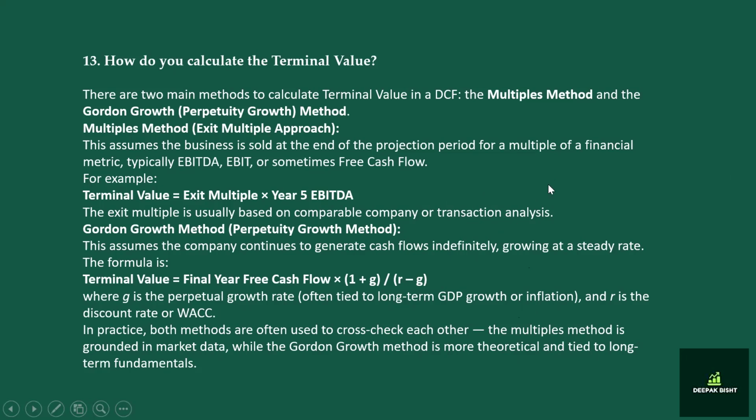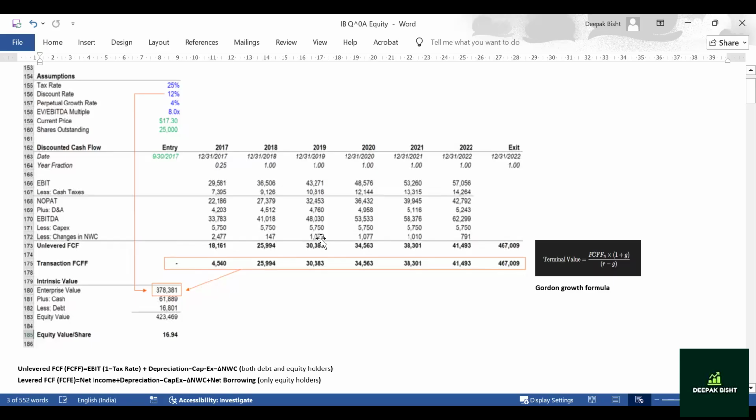And sensitivity analysis is also done because terminal value often accounts for 50 to 70% of the total DCF value, and small changes in assumptions like multiples, growth rates or weighted average cost of capital can have a significant impact.